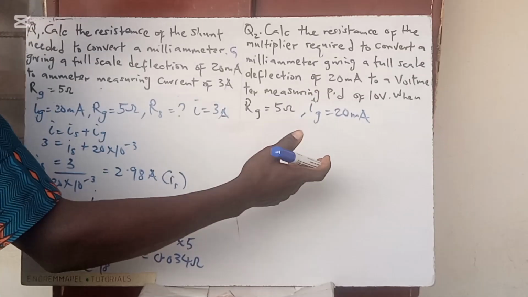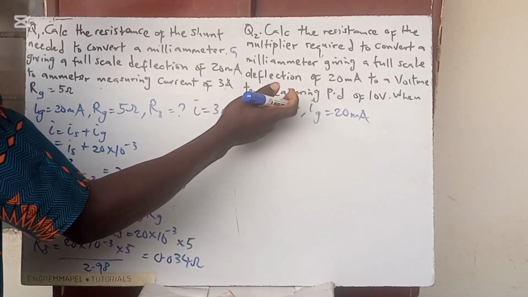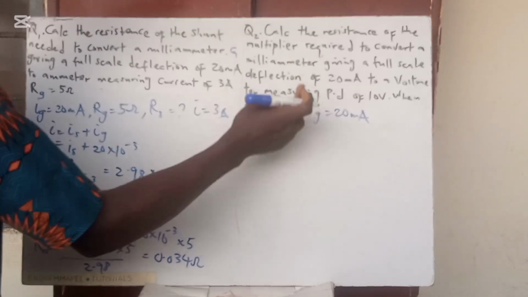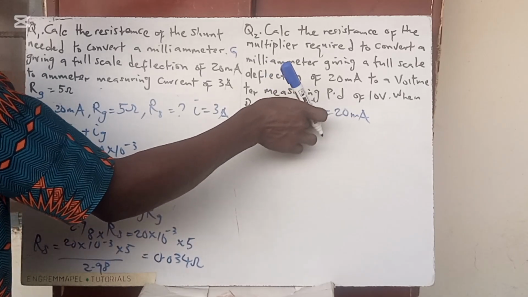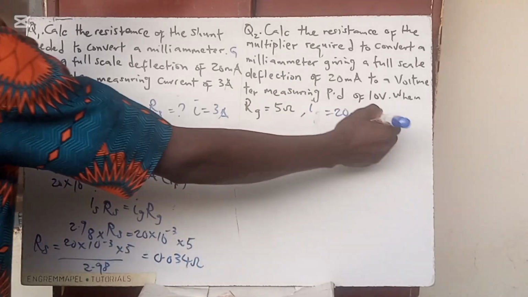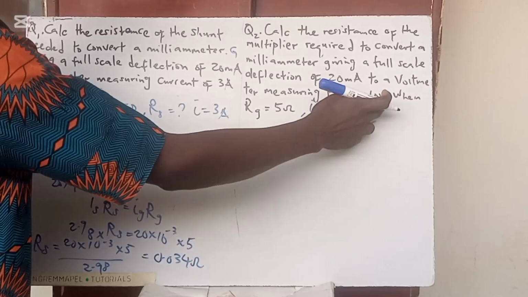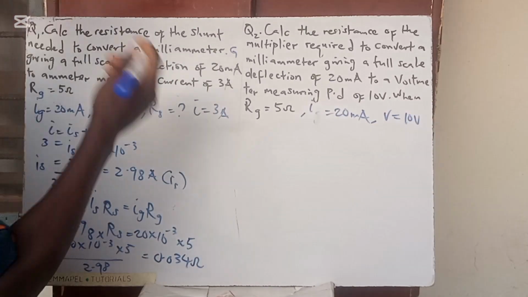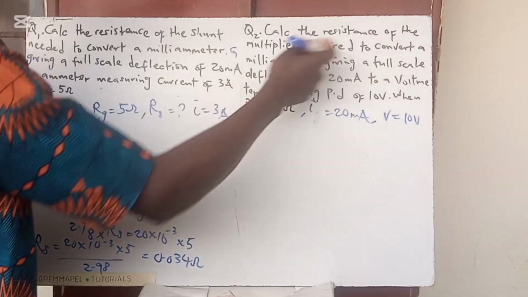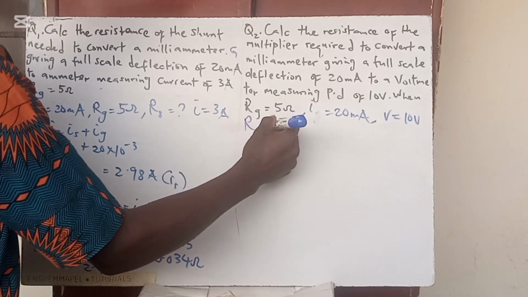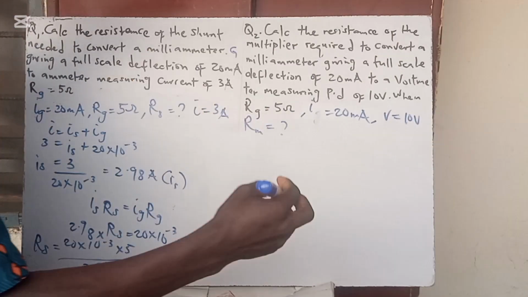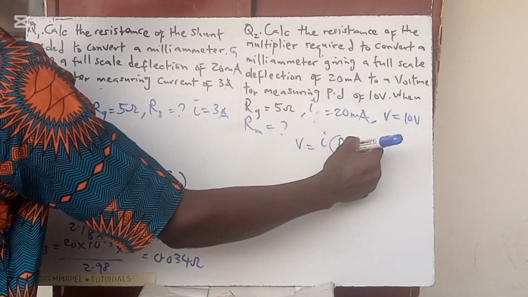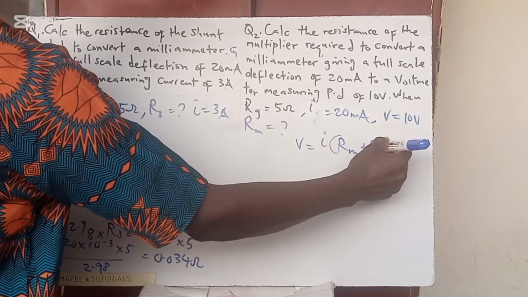The current of the galvanometer is also the current of the multiplier here, because when you are connecting it in series, the currents are the same, so I don't actually need to specify this. We are given the voltage here. The voltage is 10 volts, and we have to look for the resistance of the multiplier. So you can remember that formula. V equals I into Rm plus Rg.